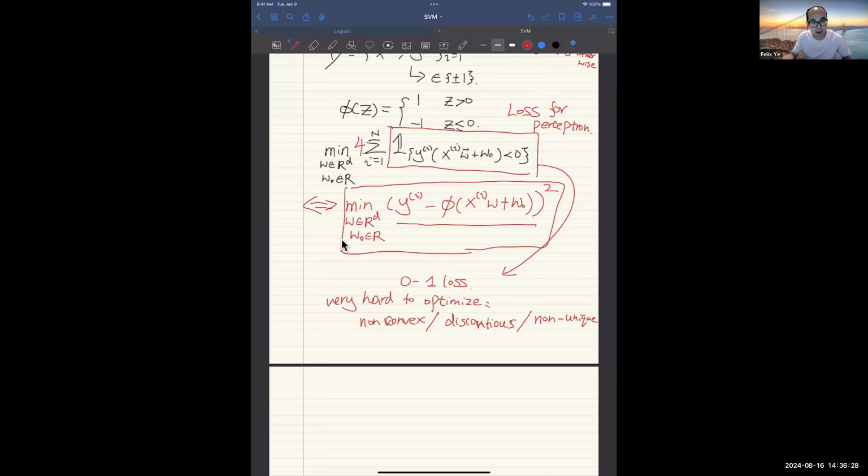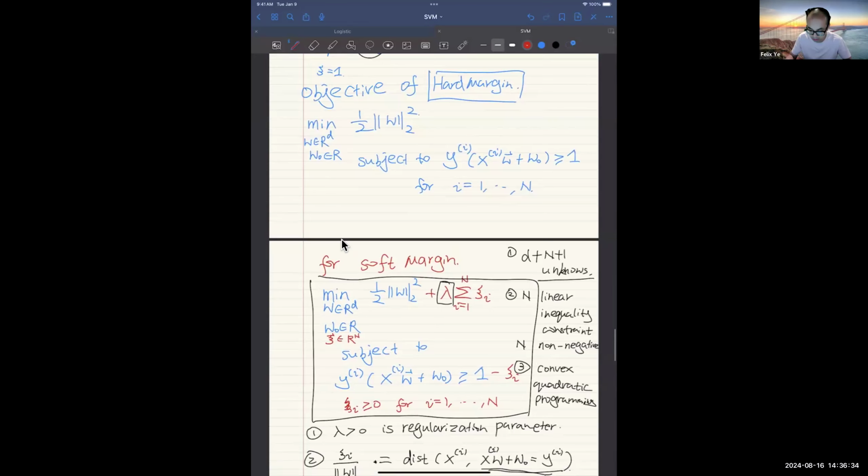So can we actually rephrase this primal problem right here in a different way? Yes, we can, in fact. The way that we can look at it is the following. If we look at this constraint right here, we can move this c_i to the left and everything else to the right. That means my c_i should be bigger or equal to 1 minus y_i (x_i w plus w0).